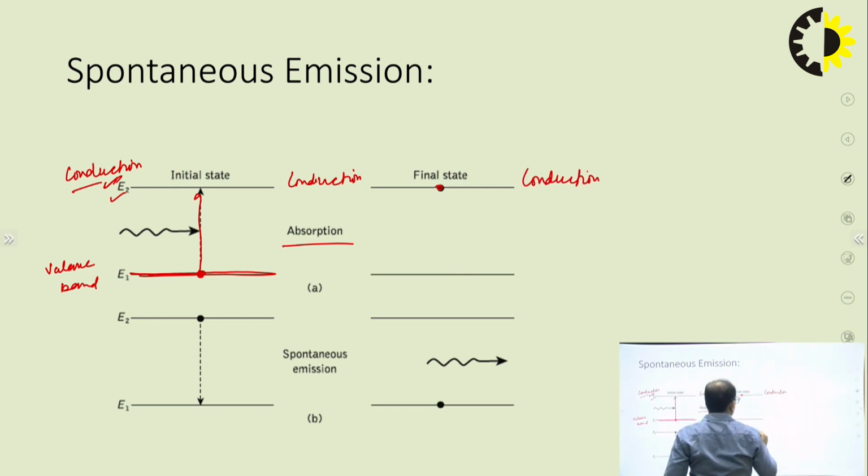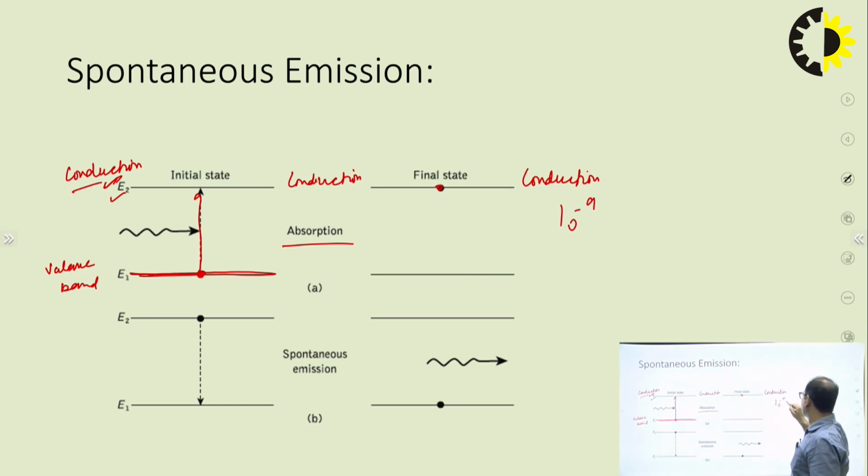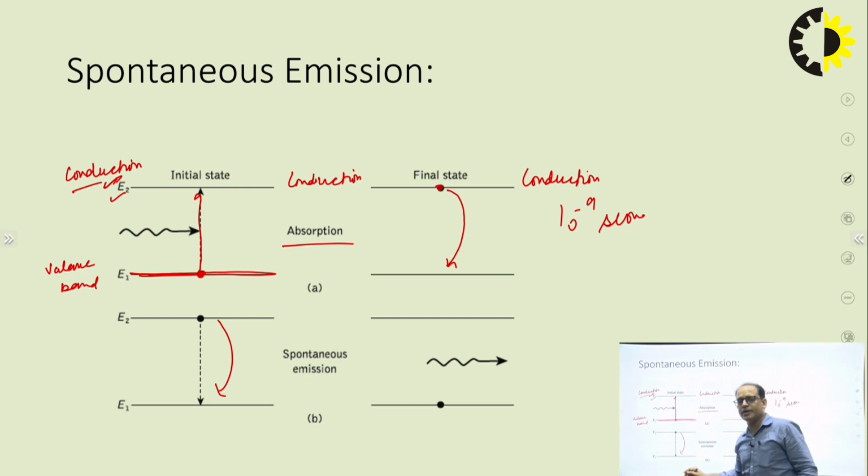Now after around 10 to the power minus 9 second or 10 to the power minus 8 second, this electron automatically comes back into its original position to get the stability.